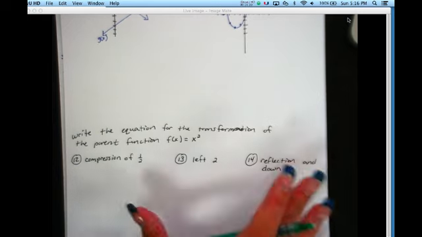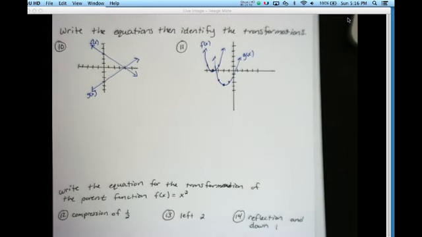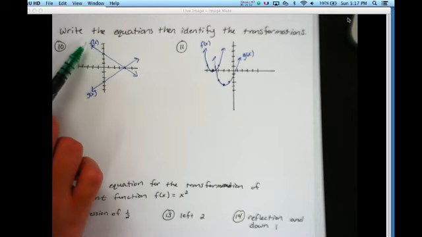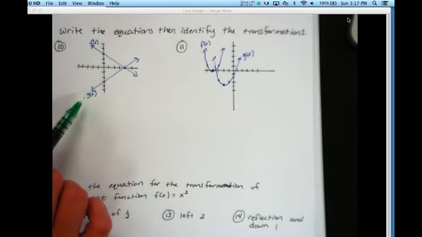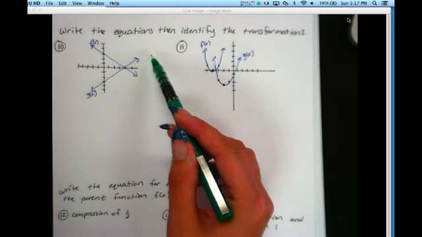Alright, so moving on. In this section, we also have to be able to write equations and describe their transformations. So when we look at problem 10, we have to write an equation for f of x, and then we have to write our equation for g of x, and decide what transformation happened from this line to this line.